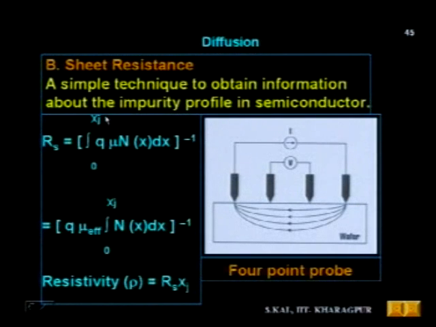Sheet resistance RS is defined by this relation, that is 1 by integral 0 to xj q mu n(x) dx.